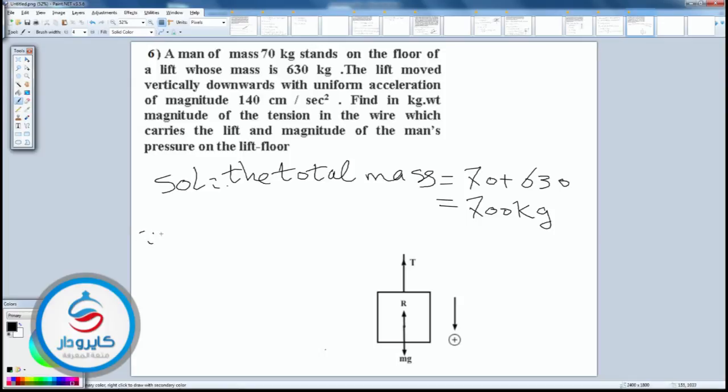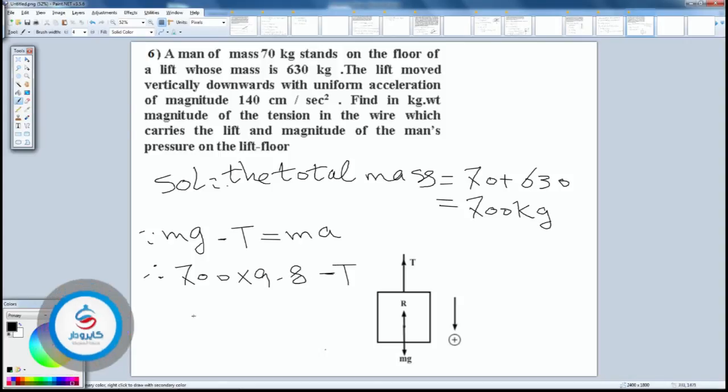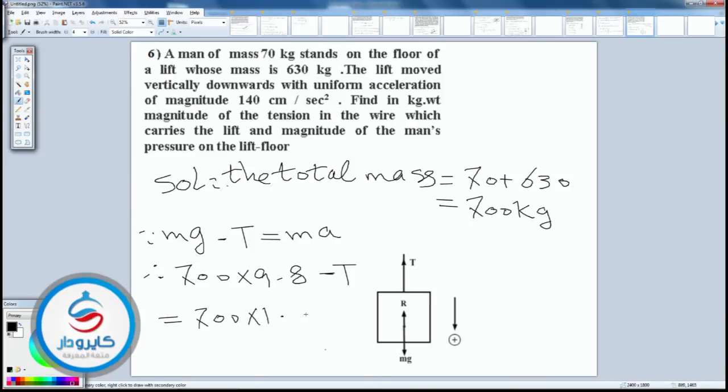Since T minus mg equals ma, therefore T minus 700 by 9.8 equals 700 by 1.4.